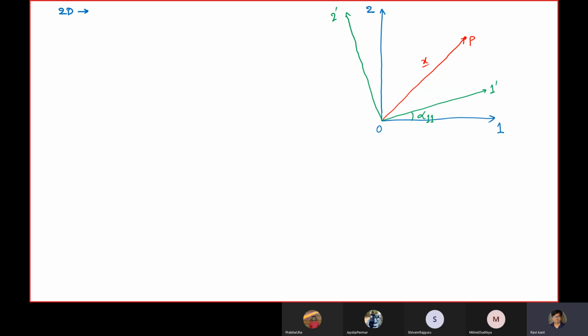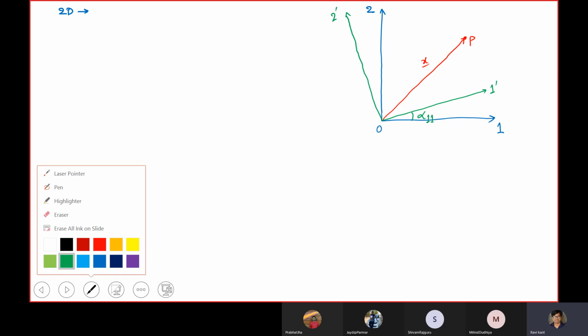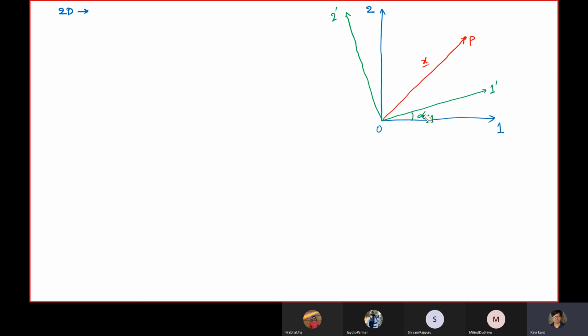So this is my alpha 11. Let me draw things in this manner. Let's not worry about alphas right now.